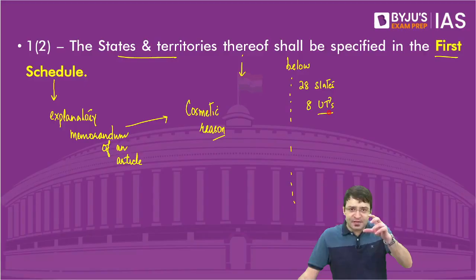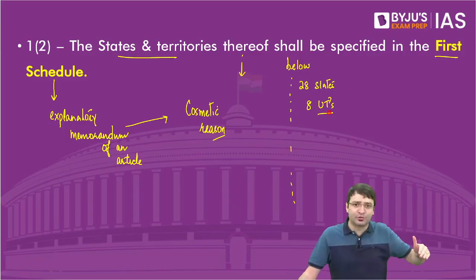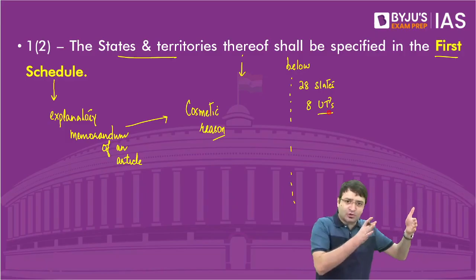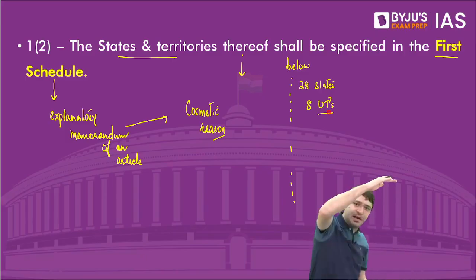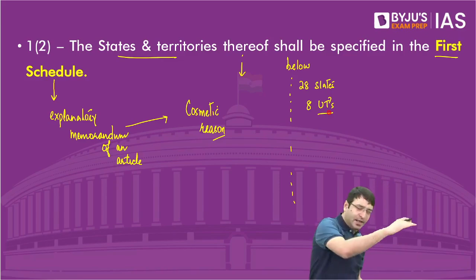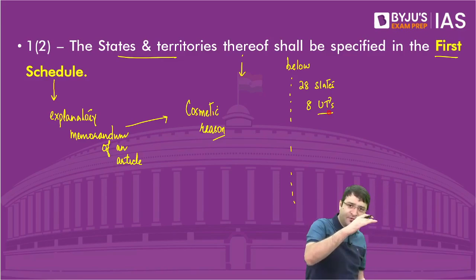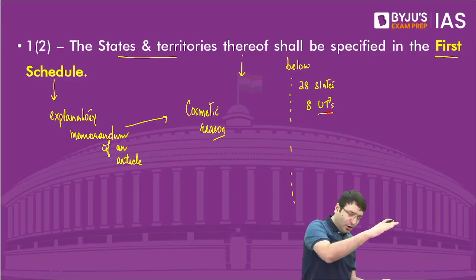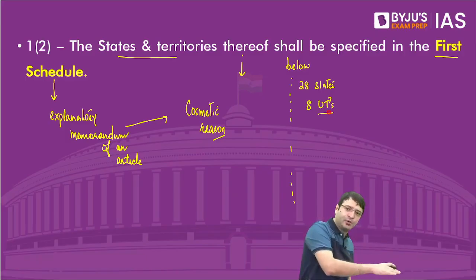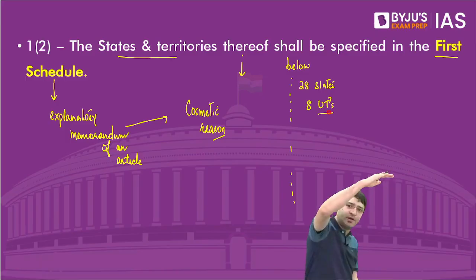That means if this explanation to Article 1 would not have been mentioned in the schedule of the Constitution, then Article 1, Clause 2 would have looked very bulky. India, that is Bharat, shall be a union of states. The names of the states and territories thereof are mentioned below. Below we will have 28 states and 8 union territories. This article would look very bulky.